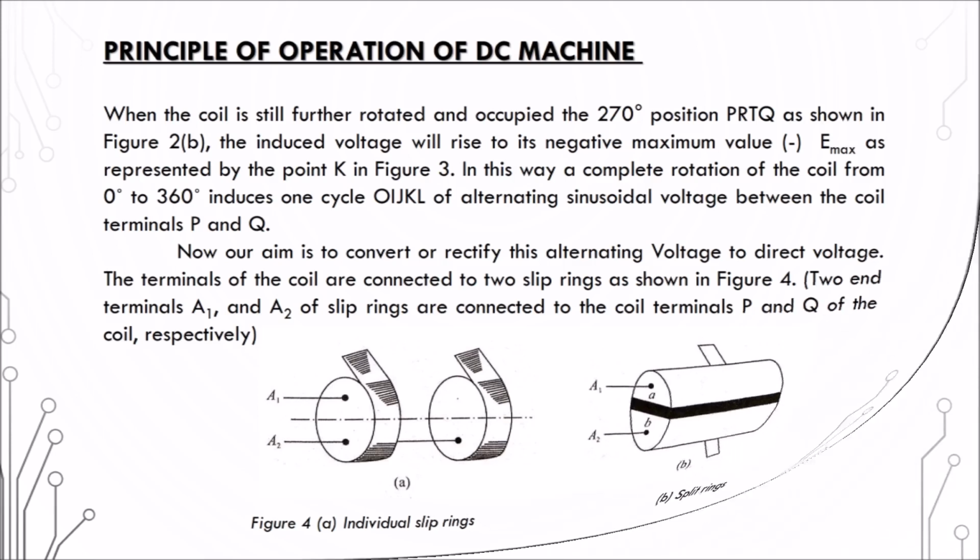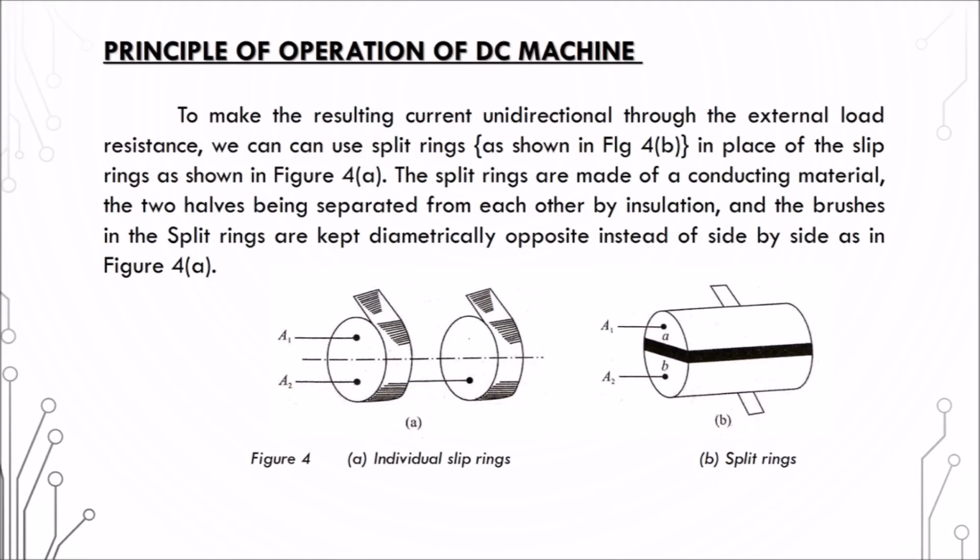To make the resulting current unidirectional through the external load resistance, we can use split rings as shown in figure 4B in place of the slip rings as shown in figure 4A. The split rings are made of a conducting material, the two halves being separated from each other by insulation, and the brushes on the split rings are kept diametrically opposite instead of side by side as shown in figure 4A.